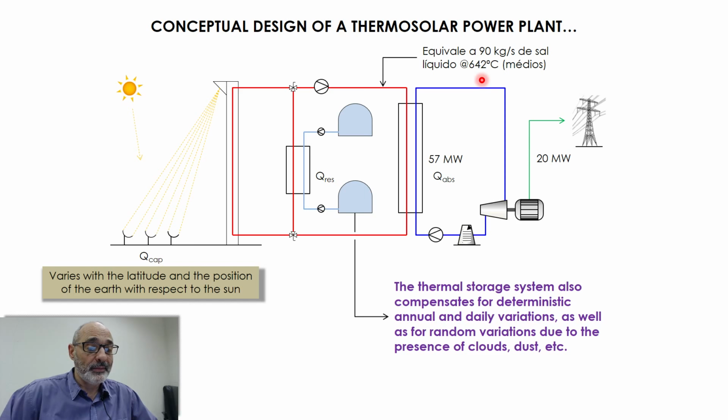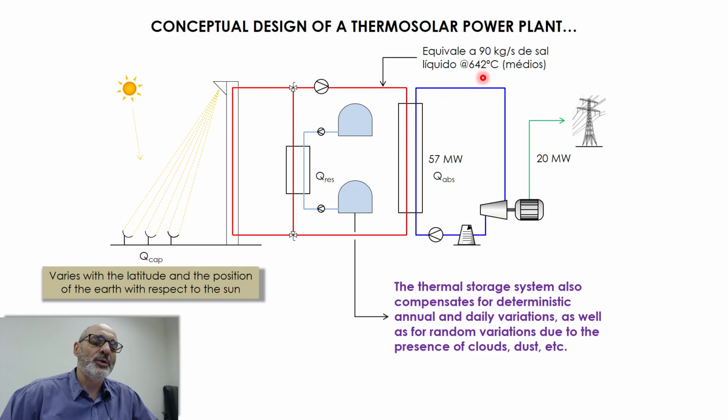Something that is important to mention right now is that this temperature, being as high as 642, actually defines the type of fluid that we can use here, but it also defines the type of collector concentrator that we use here.